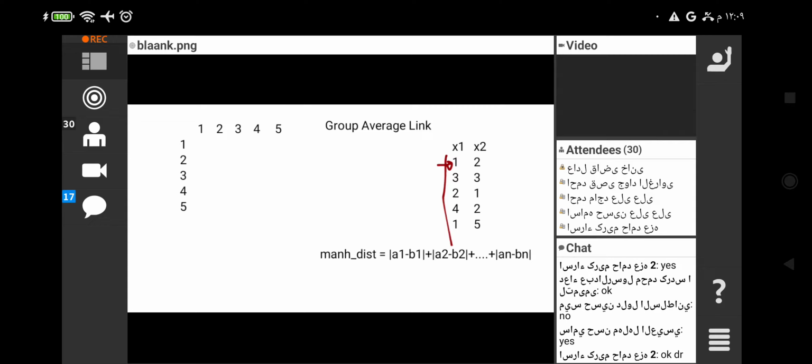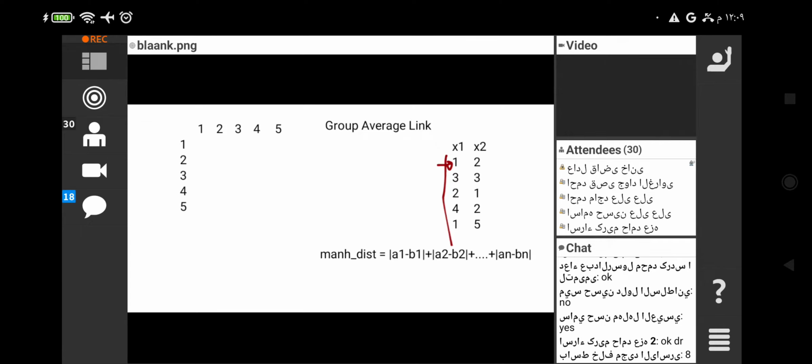Okay, and data 3 and 4, 2 plus 1 is 3. I'm using the Manhattan distance, okay? And 3 and 5, it would be 1 plus 4 is 5. And 4 and 5, it is 3 plus 3 is 6.